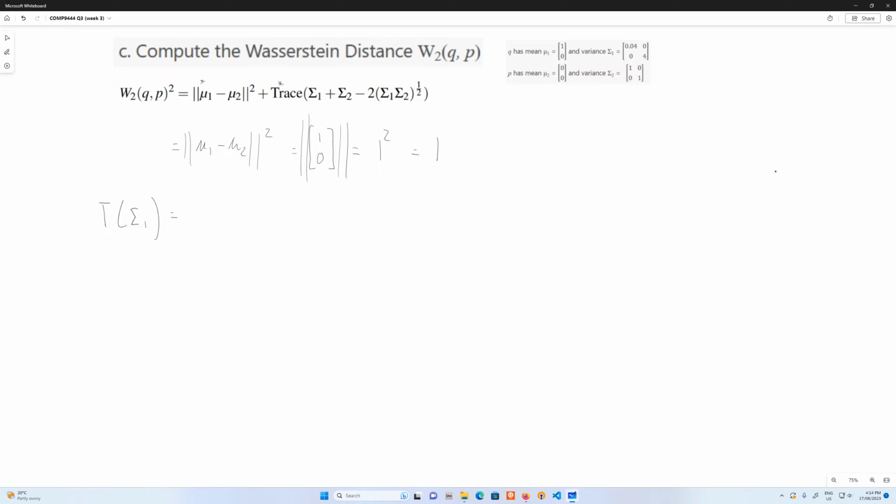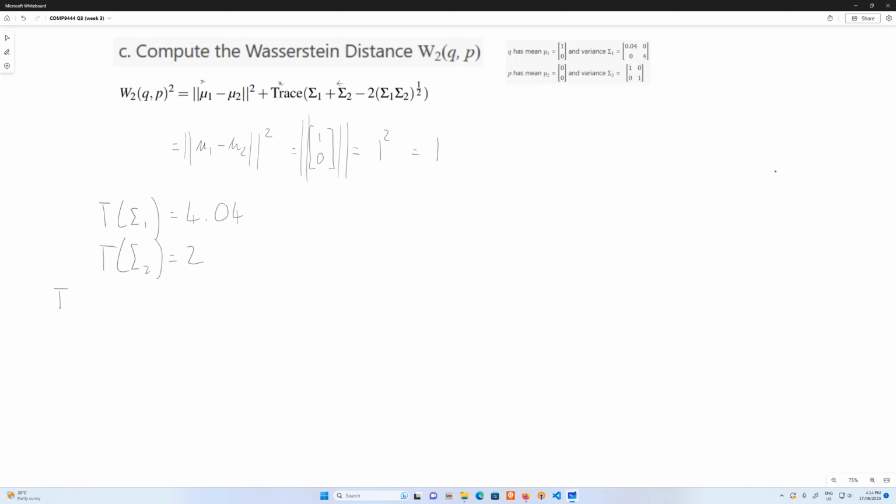We can see it would be 0.04 plus 4. Easy. Then I'm going to get the trace of the second covariance matrix in exactly the same way. Now this matrix is the identity matrix, so the trace is 2.